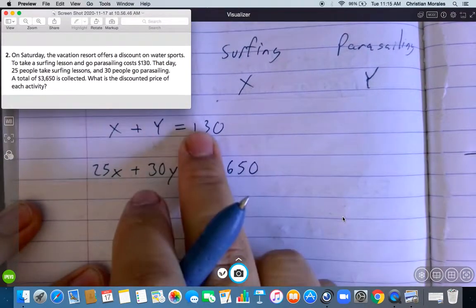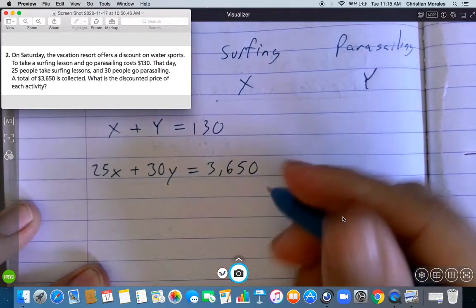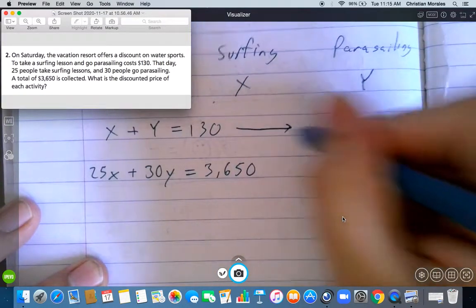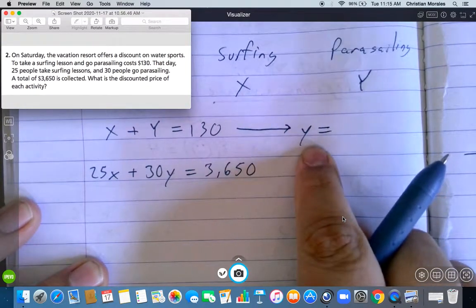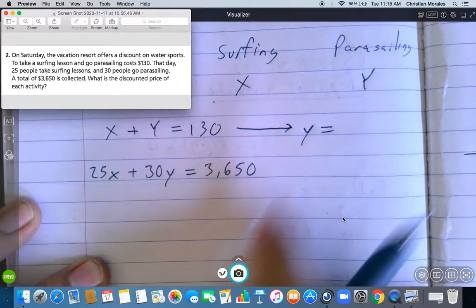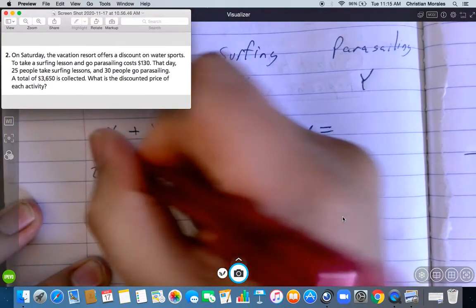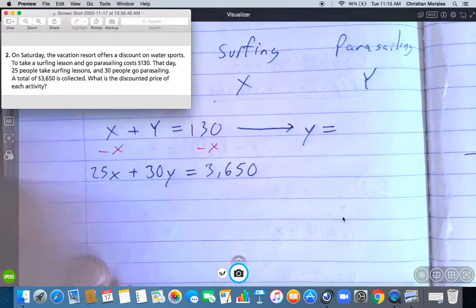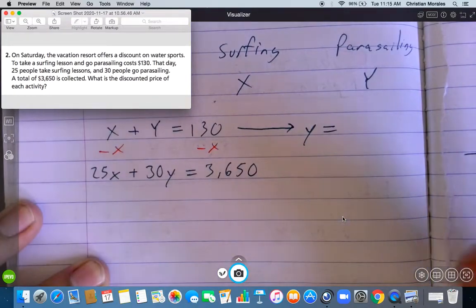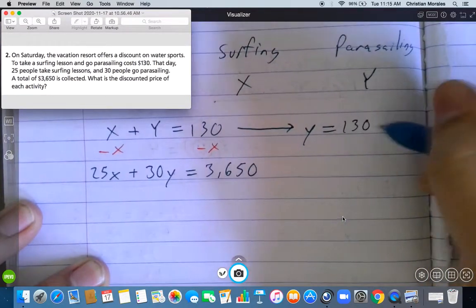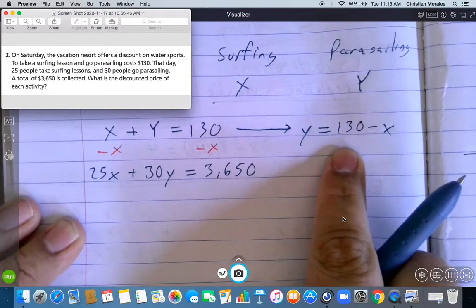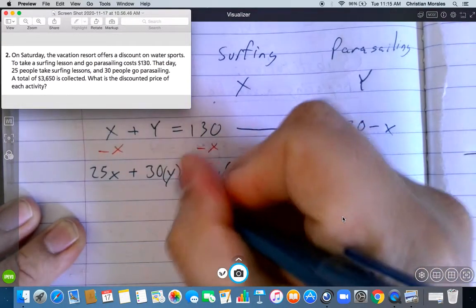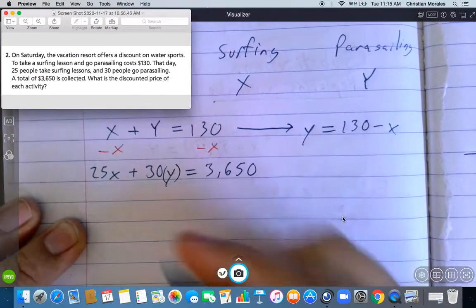It's not equal to X or Y. To use substitution, you would have to change it to be equal to Y so that you know what you can change Y into, or X. So what I'm going to do here is I'm going to move the X over there. And when I do that, this becomes my equation. So when I'm going to do substitution, the Y is going to change into this. So it's going to look like this.